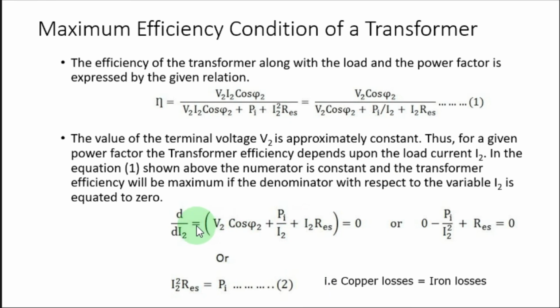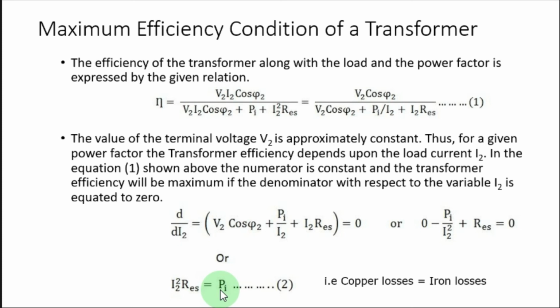Actually there should not be an equal sign here. So this is a constant, so its derivative is 0, and this is Pi over I2 squared when you differentiate it, and this is RES, so should be 0. That means I2 squared RES should be equal to Pi.